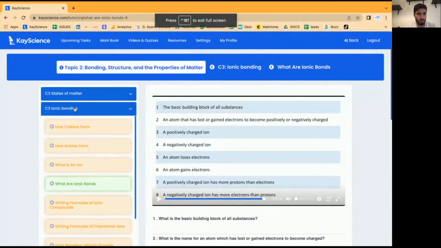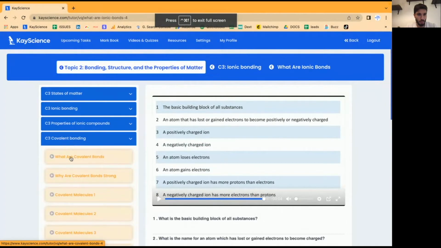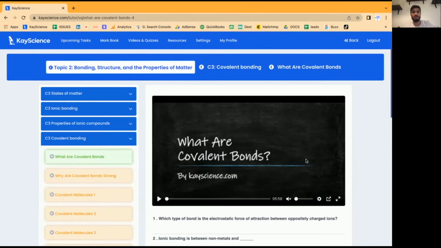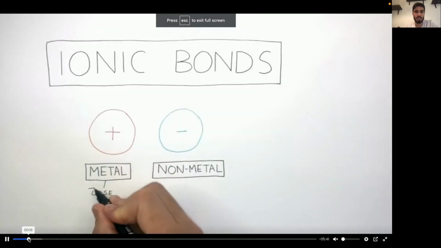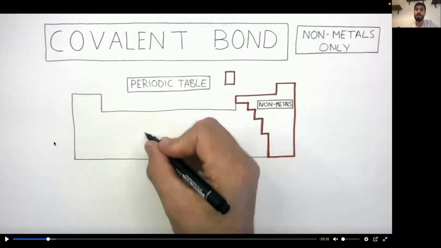I'm going to take you through a video now about what covalent bonds are, very briefly, so you can understand how to know which substances have covalent bonding. Here is a diagram of the periodic table, and to the right we have all of these nonmetals, and to the left of these elements are the metals.